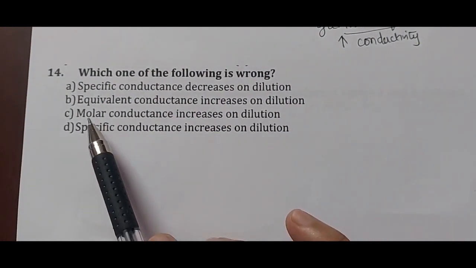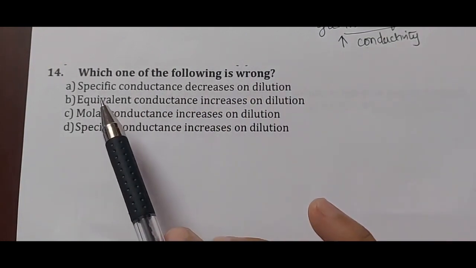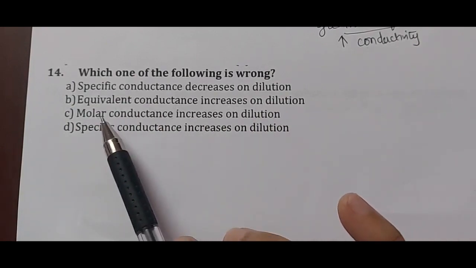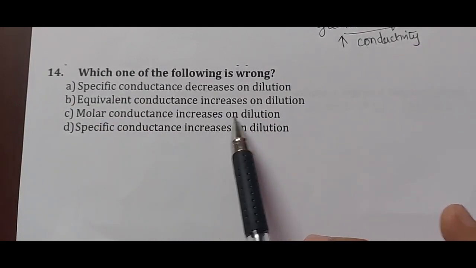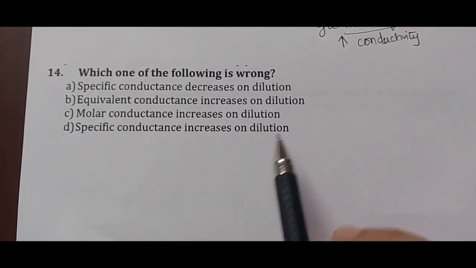Option A, specific conductance decreases on dilution; equivalent conductance increases on dilution; molar conductance increases on dilution; specific conductance increases on dilution.